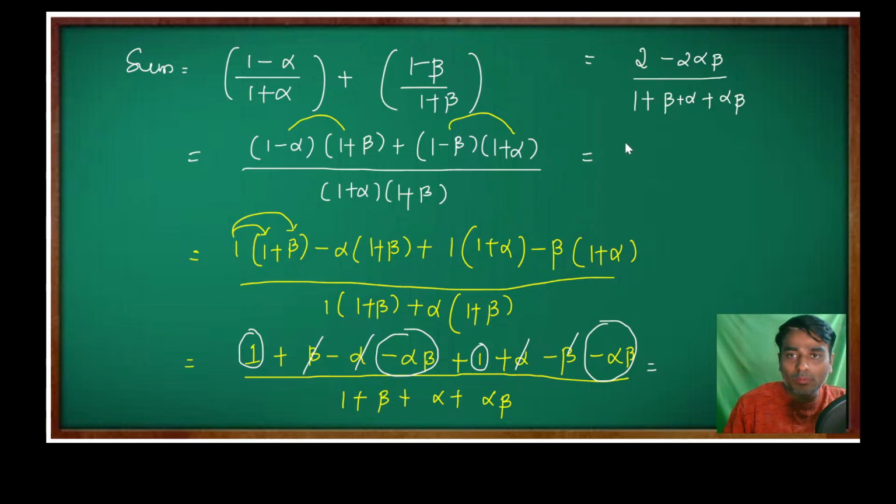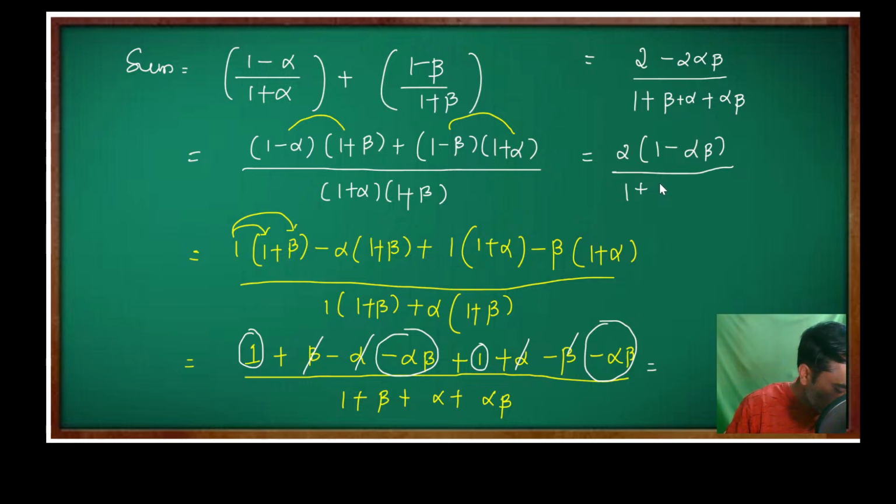I'll take 2 common from the upper side, then I will write 1 minus alpha beta divided by, here I will write 1 plus minus 2 by 3 plus 1 by 3.